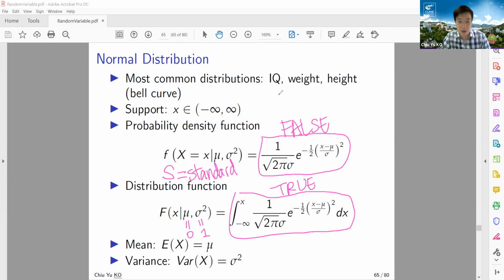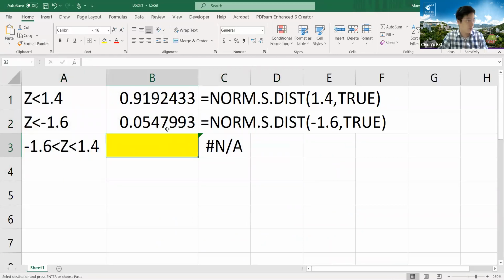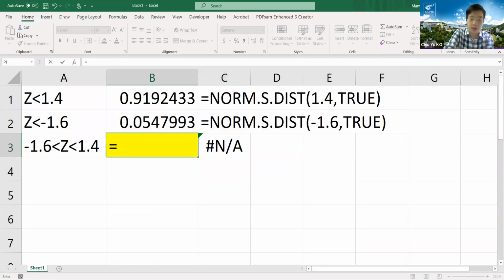I think the Google sheet is the same, but just to let you know how to operate Excel. So that would be a very standard way to calculate.